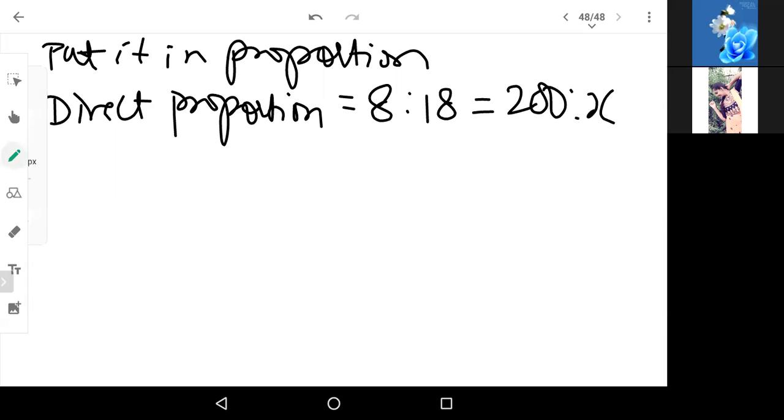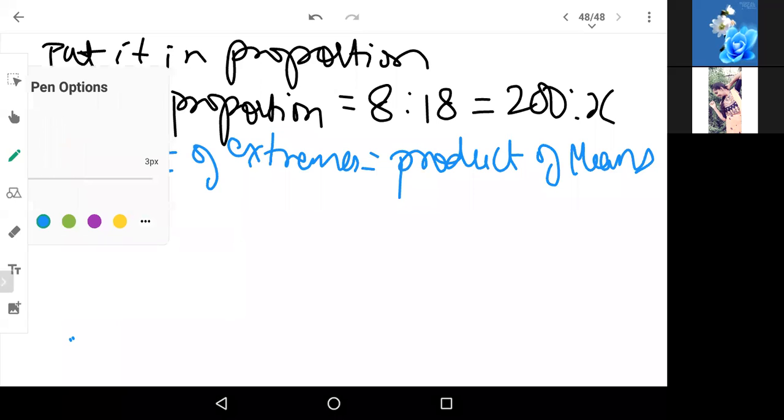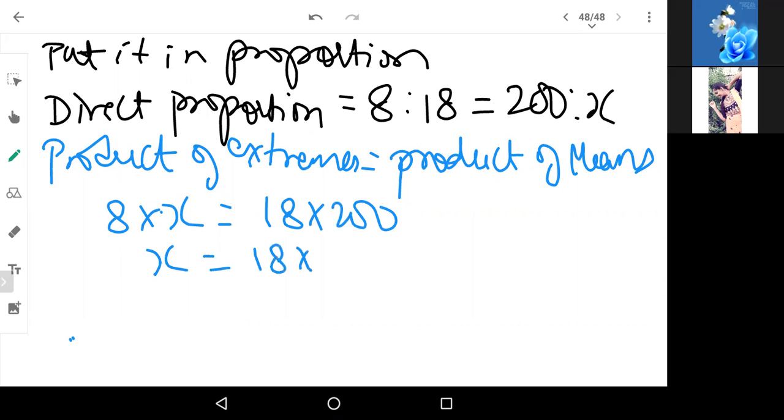Now use product of extremes is equal to product of means. So now multiply. 8 into X is equal to 18 into 200. So X is equal to 18 into 200 divided by 8. So therefore X will be 450.